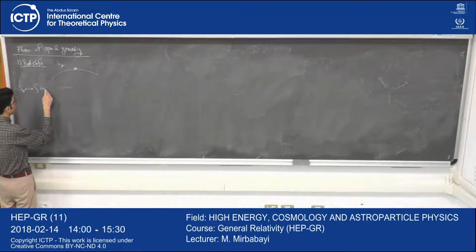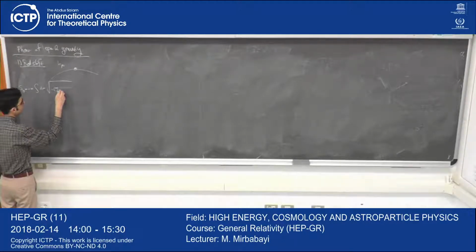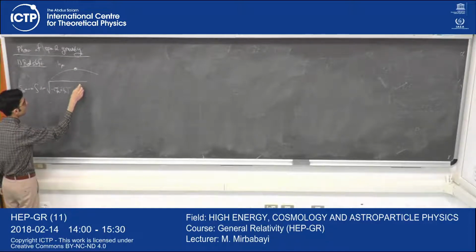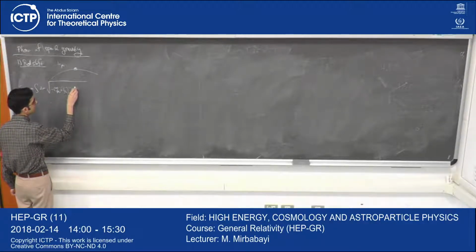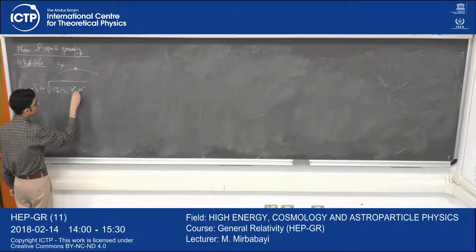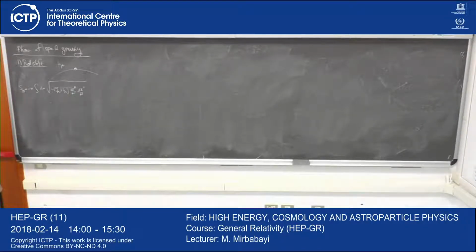So if I look at the point particle action, we saw that we can write it in the background gravitational field in this form, up to corrections which are higher order in h mu nu.